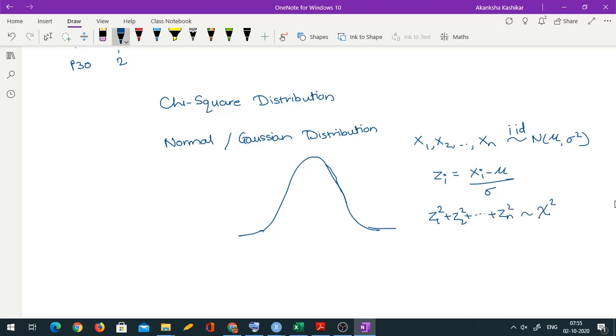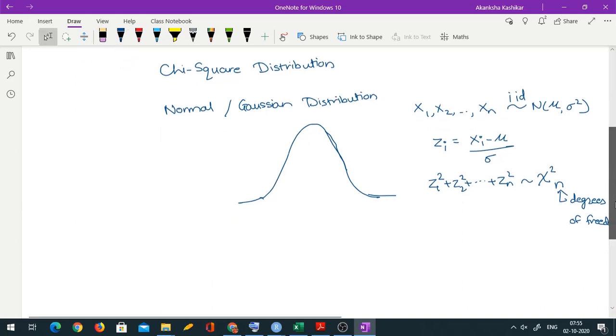This is the notation, chi-square with n degrees of freedom. So degrees of freedom is like a parameter. Just like in normal you have mu and sigma, similarly you have degrees of freedom in chi-square. Actually the mean of the chi-square n distribution is n. Okay. So this is how chi-square comes into the picture.